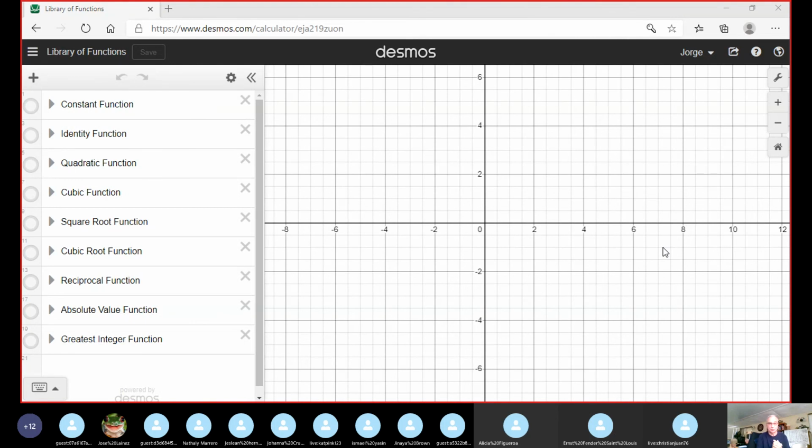I want to send you, when the class is over, the link to this Desmos. This Desmos lives in my account, but I share it with you and your account, so you can modify it and change something without changing my account. Okay, how many functions do we study now? 1, 2, 3, 4, 5, 6, 7, 8, 9 functions.